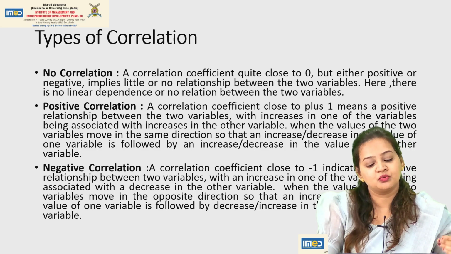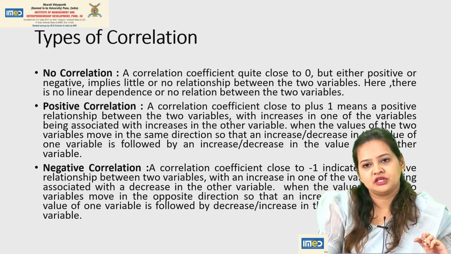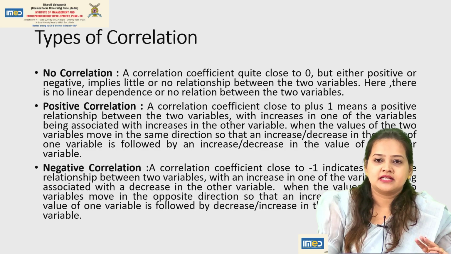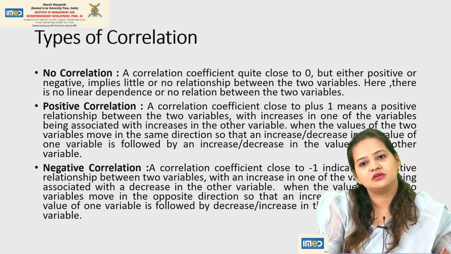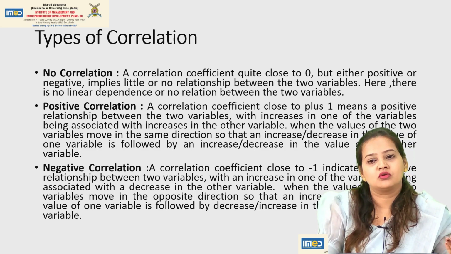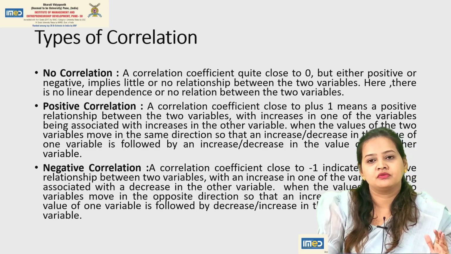Can you think of some examples related to positive correlation? We can take the example of age and height of adolescent school-going students. As the age goes on increasing, the height goes on increasing. Similarly, as the age increases, the weight also increases. So this is a perfect example of positive correlation.